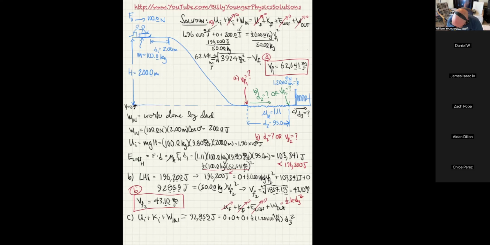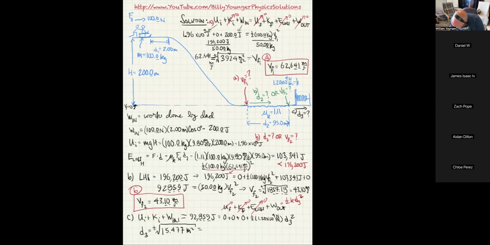again, before we take the square root, that gives me the distance squared will be equal to 15.47. So I'm going to say D3 is equal to plus or minus the square root of 15.477 meters squared.